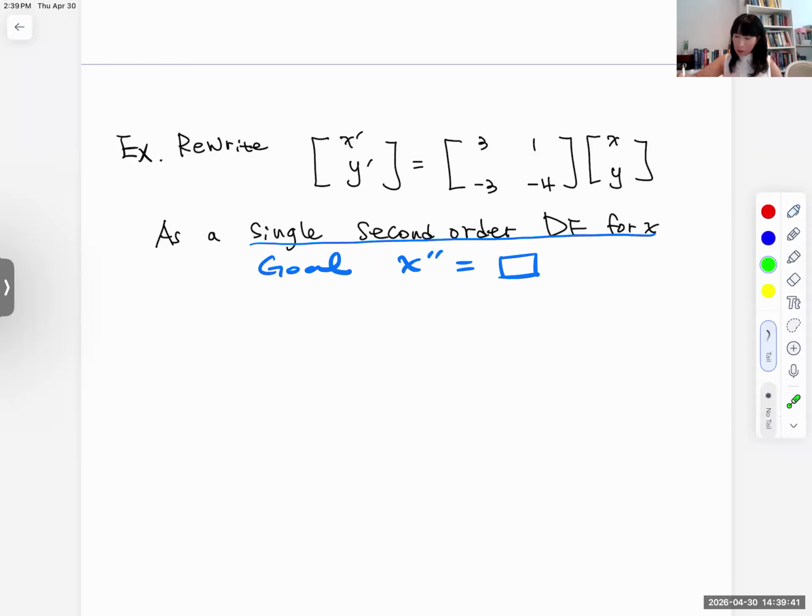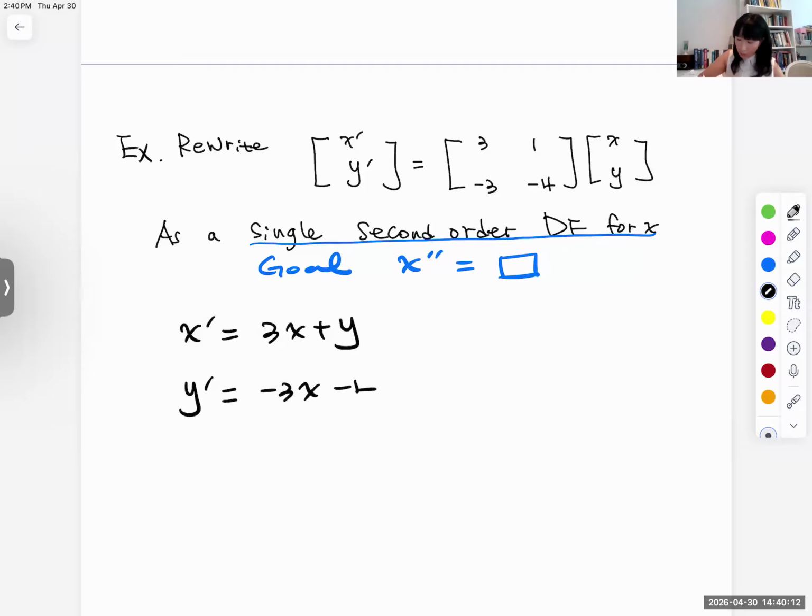Let us make an equation form first. Yeah. So the first one will be x prime equal to, we do this way, right? So 3x plus y, that's it, right? And then y prime equal to -3x, -4y.